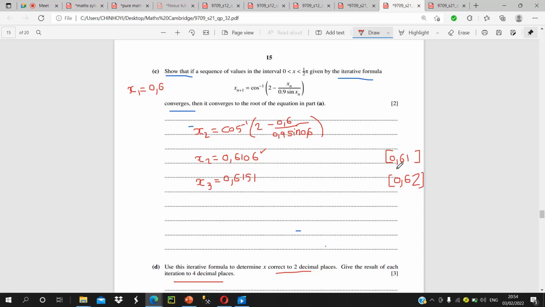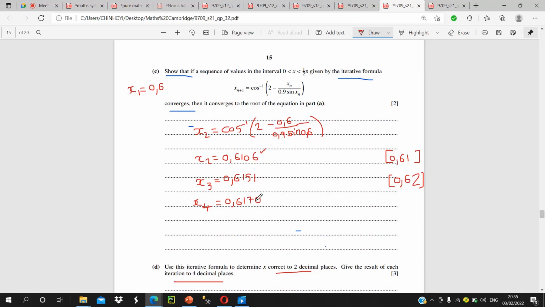And if you compare these two answers, they are not yet equal, right? Yes. So you do another iteration until these numbers are equal. So now let's find x4. You are now substituting this one in this one. You get 0.6170, right?